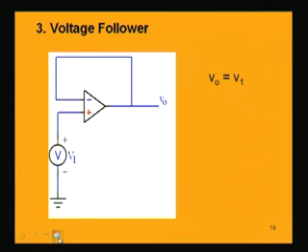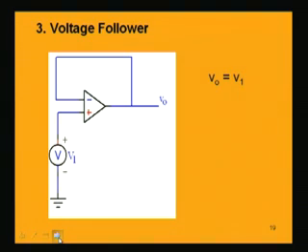Now, let us consider another application. What is this circuit? If you observe closely, we now have to find the output voltage. This voltage is nothing but the voltage here. Again, this voltage is equal to the voltage here, and this voltage is nothing but V1, which is the applied voltage. So, V0 equal to V1, and that is generally known as a voltage follower.